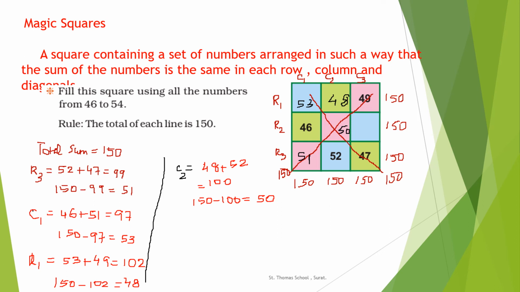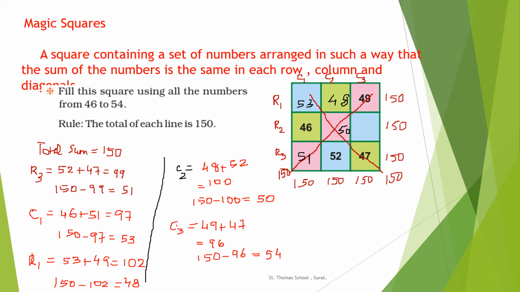Clear? And the last, you can find out either row 2 or column 3. If I am taking column 3, that is the standing line, you can see two numbers, 49 plus 47. So what is the answer? 96, and deduct it from 150. 150 minus 96 gives 54.